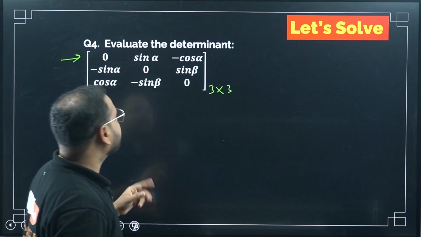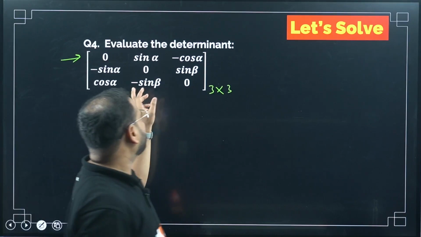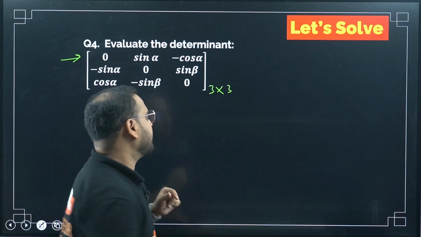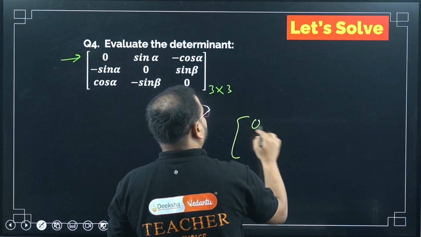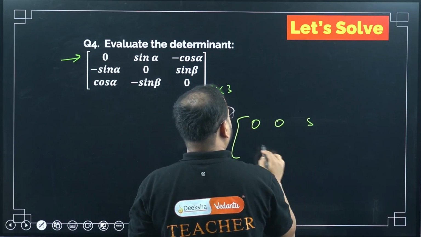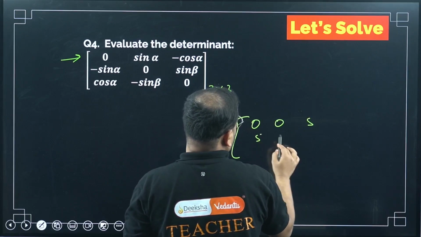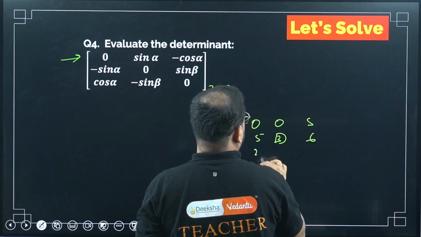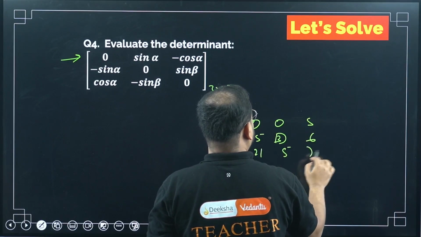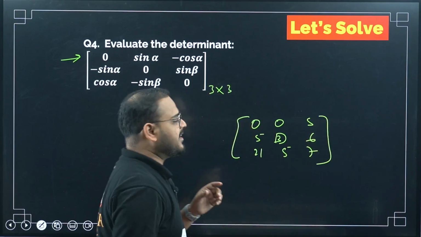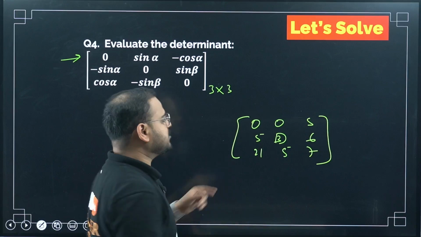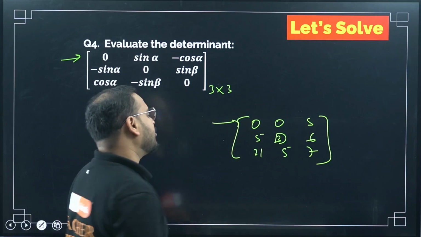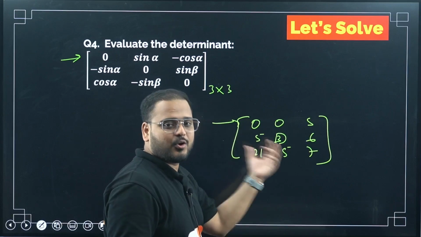One more thing, there's a trick here. Wherever you find more number of zeros in the same row or same column, we'll see in the coming questions. If I have a matrix like this, with some other numbers, 3 or 6 or 21, 5, 7, whatever the number is, and I have two zeros in the same row, use that row to find the determinant.